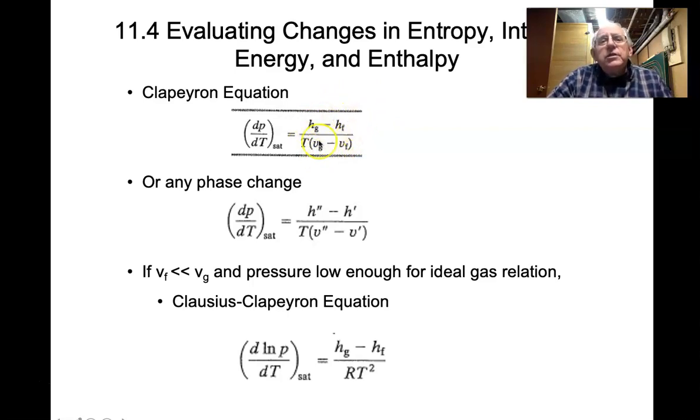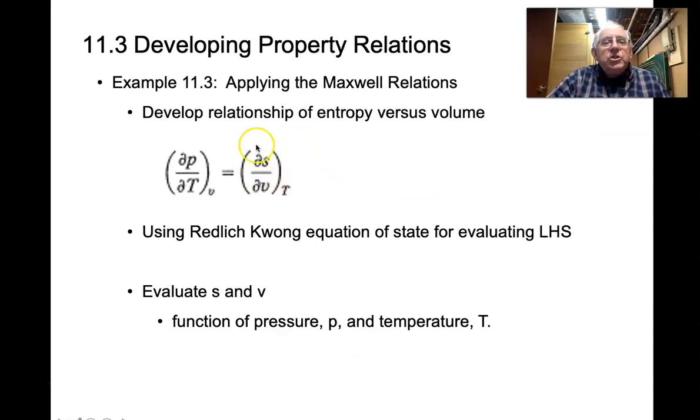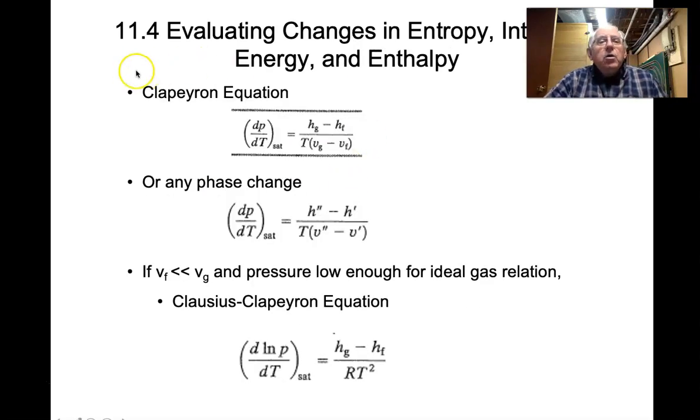And so this term comes from the partial of entropy with respect to volume, and so it becomes this term here. And so we see that this term is the left-hand side, and this term here is equal to the right-hand side. And so the Clapeyron equation then can be written in that form right there.